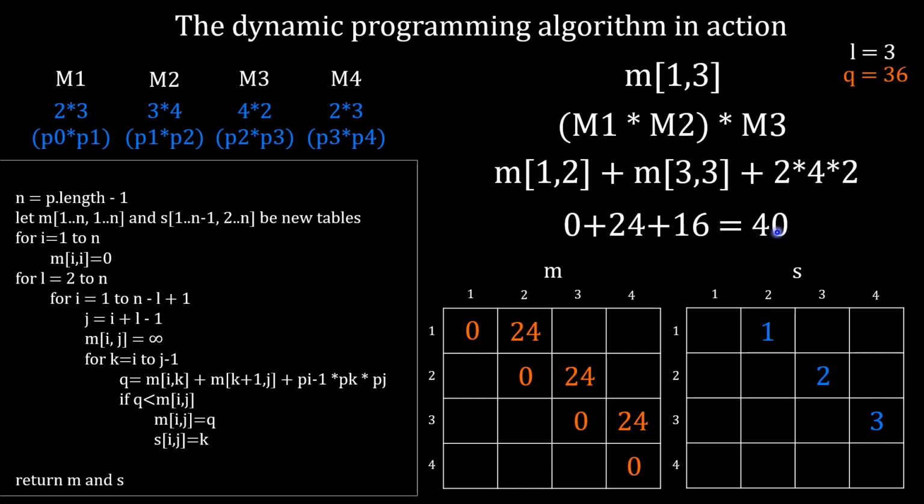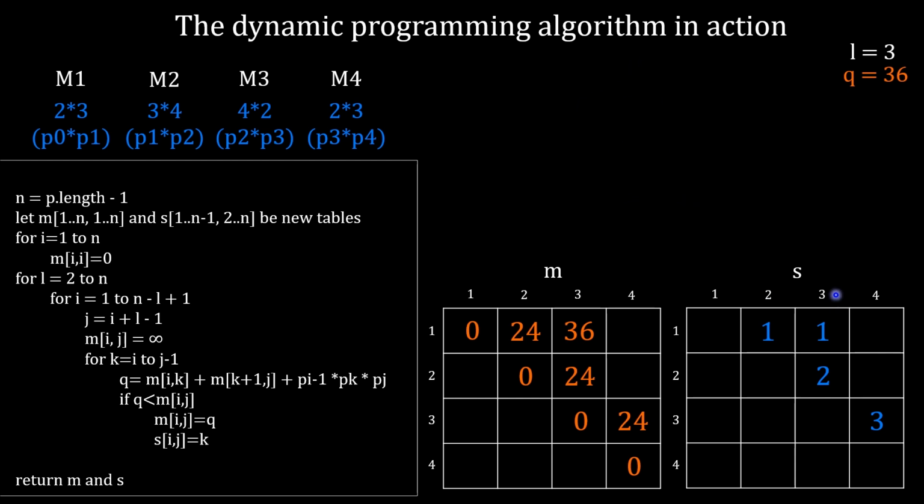Now 40 isn't smaller than 36, so after trying all the possible combinations, q is equal to 36. So we know for the range of 1, 3, so between matrix 1 and matrix 3, the minimum number of multiplications is 36. And we know that when we did this, we were multiplying matrix 2 by matrix 3 first, and then multiplying that by matrix 1. So the split was just after matrix 1.